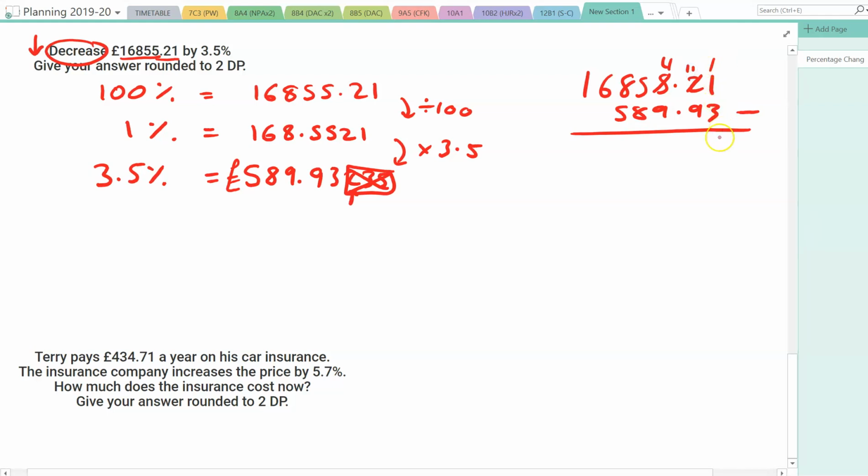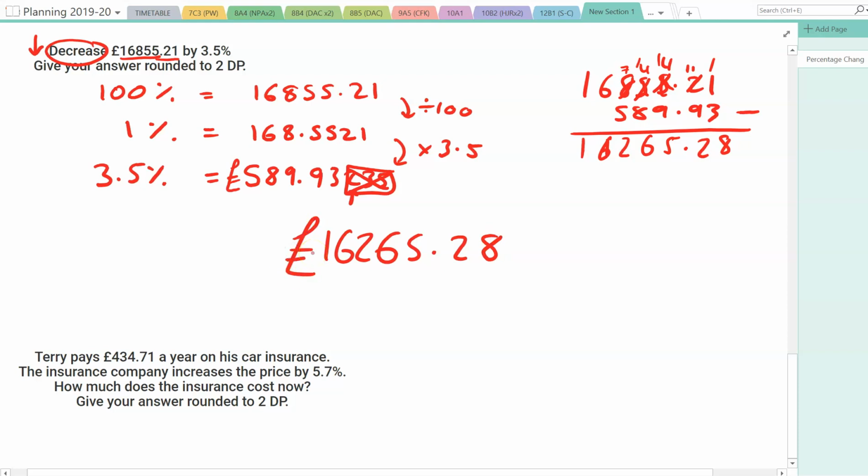So 11 minus 3 is 8. 11 minus 9 is 2. Can't do 4, so that's another one there. 14 take 9 is 5. 14 take 8 is 6. 2, 6, 1. So my answer is 16265.28 pounds. Has it definitely gone down? Yes, it has. Lovely, that's my answer.